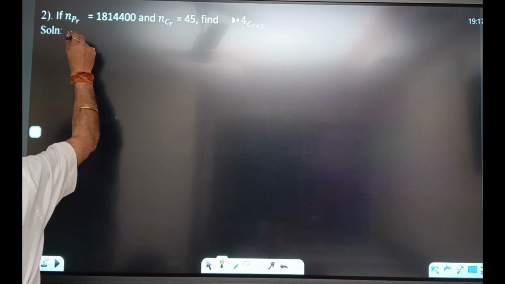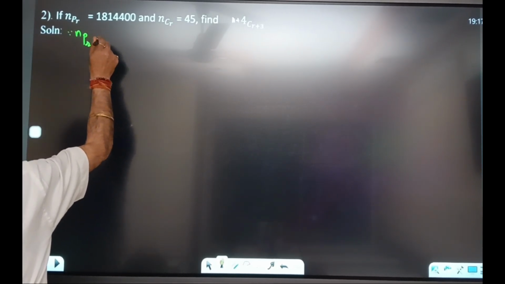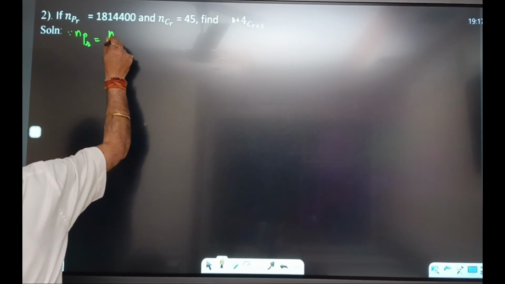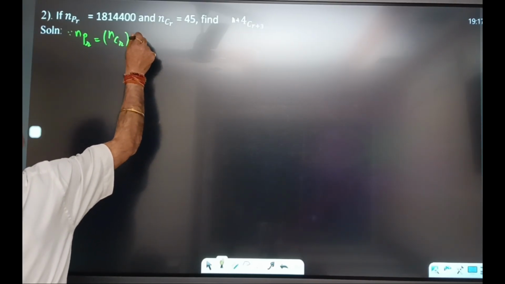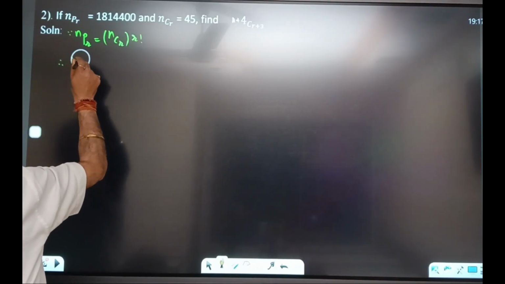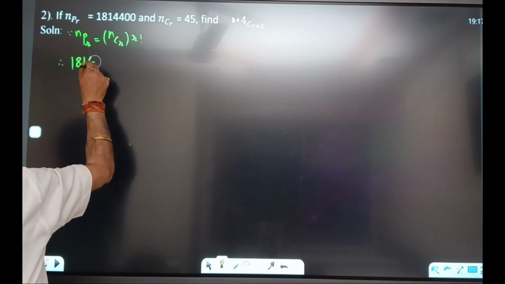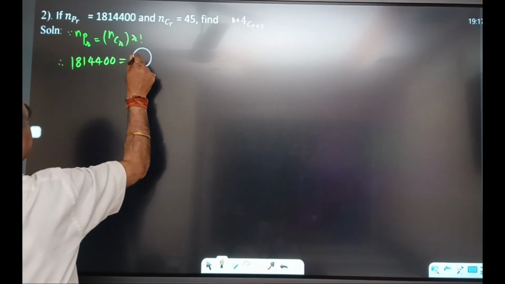Since nPr is equal to nCr into r factorial, therefore 1814400 is equal to 45 into r factorial.